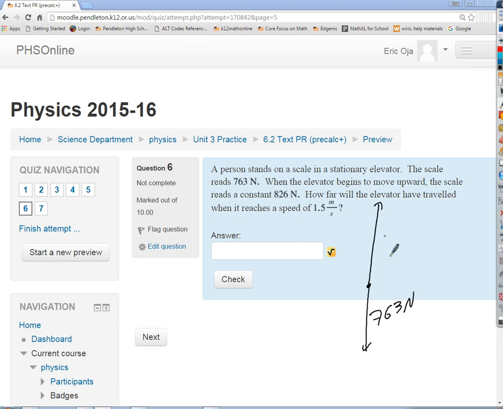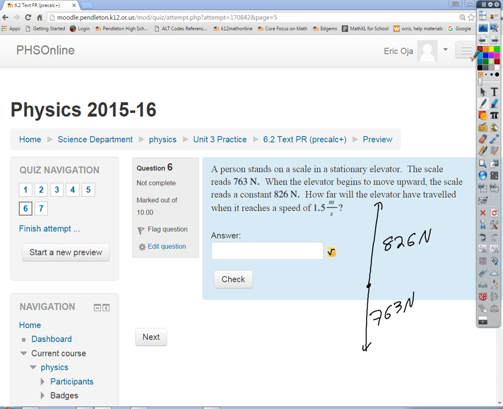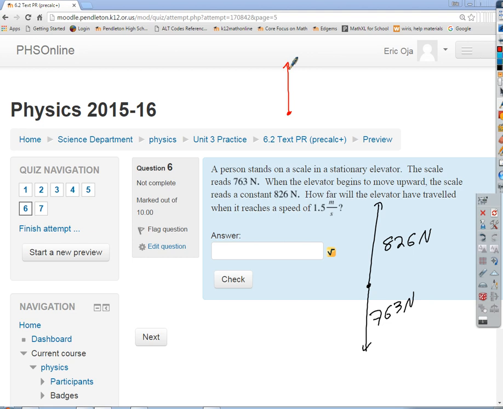But this time for part 2, the upward force, the normal force, is what the scale reads. So what's the net force? Well, how would I find it? Just subtract it, right? There's a net force of 63 newtons upward.